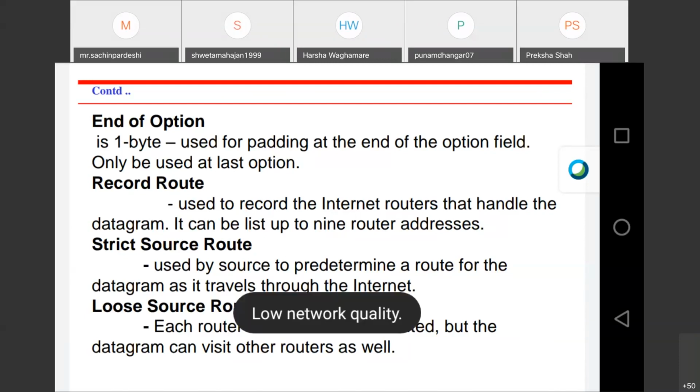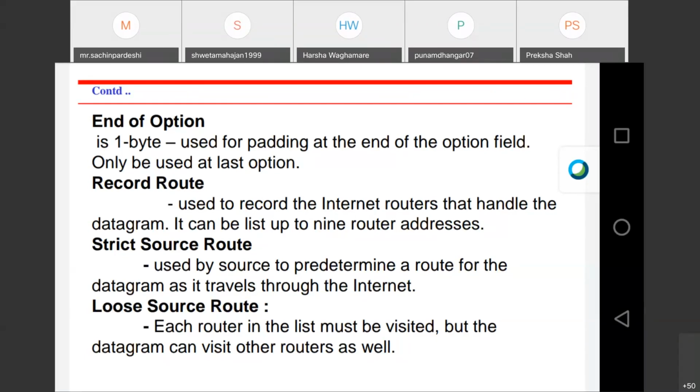So you define a strict source route. In that case, if the packet visits any other router not in the field, that packet will be discarded. So the source predetermines the route for the datagram as it travels through the internet.